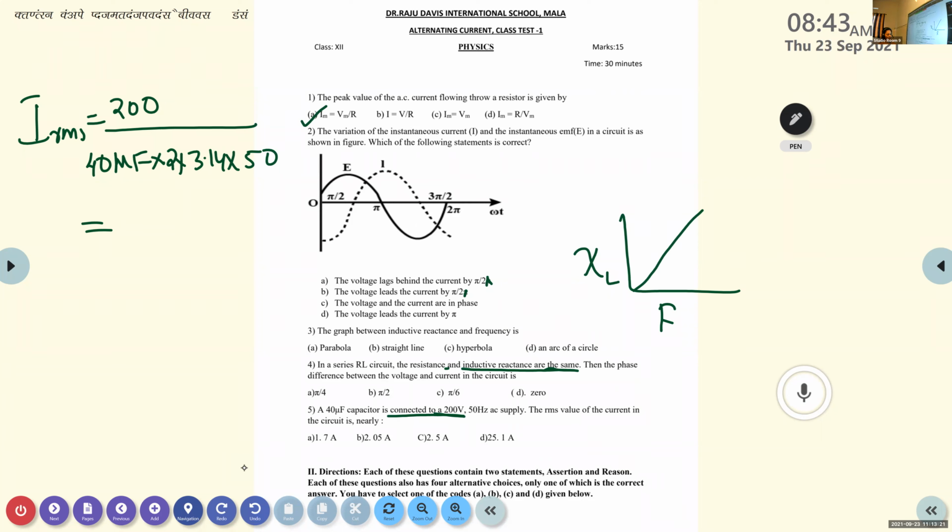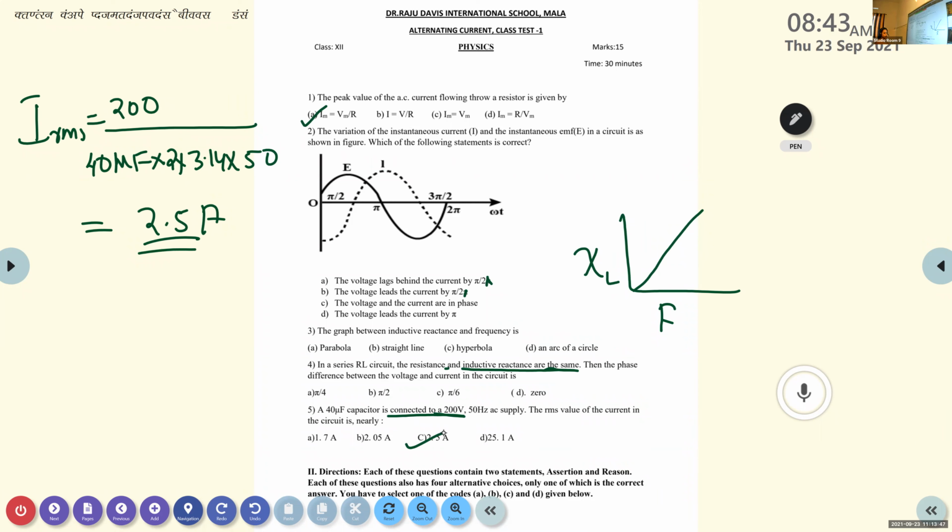Is it C? Which question? Question number 5. Yeah, option C. What about Vidur? Yes, ma'am. Final answer is 2.5 ampere.